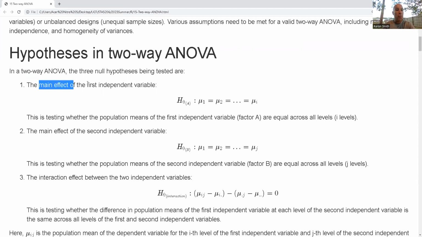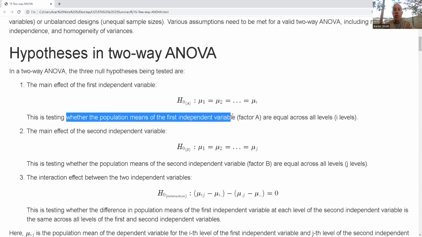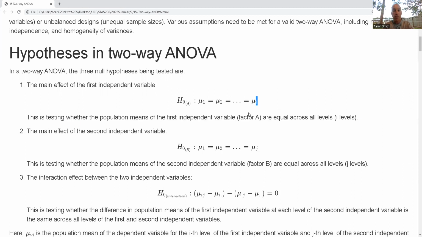The first main effect is saying, and we're going to use A to represent the first independent variable, that the population average across all of the different subpopulations identified by variable A is constant across the board. This is testing whether the population means of the first independent variable are equal across all levels. And here we have I levels, subscript I.